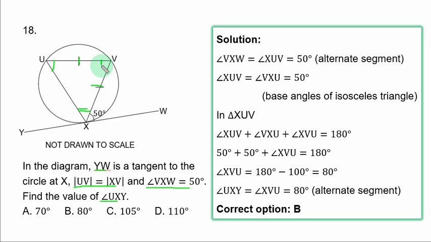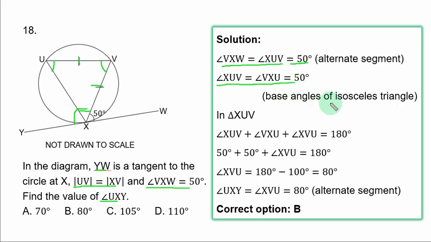Then you get the third angle, that is equal to this place, what you are asked to look for, the same alternate angle. Solution: angle VSW is equal to angle SUV and is 50 degrees. Alternate segment. Angle SUV equal to angle VSU, the same 50 degrees.